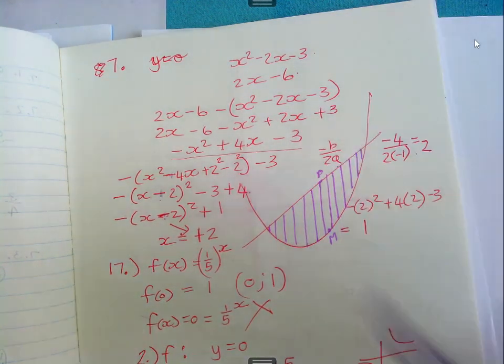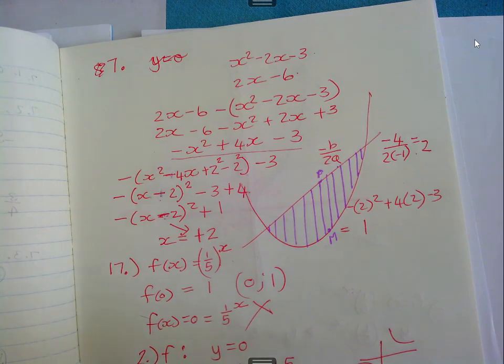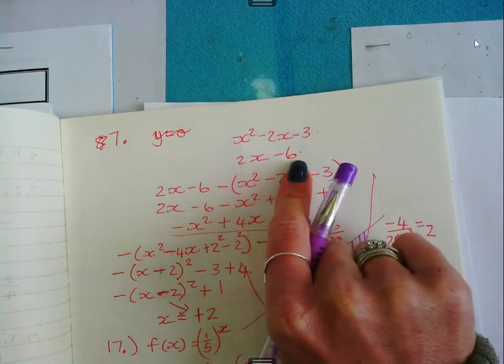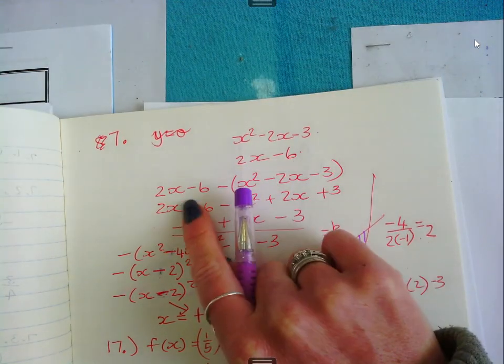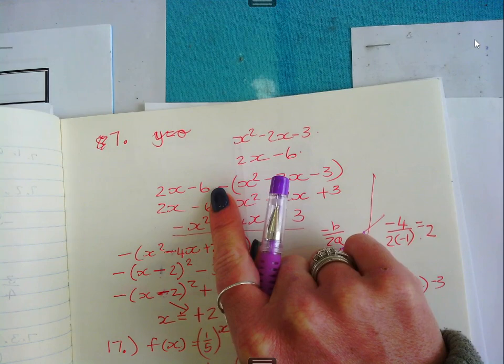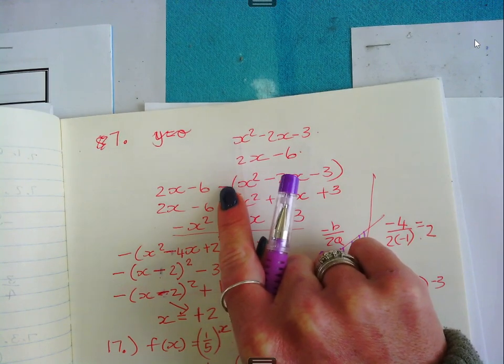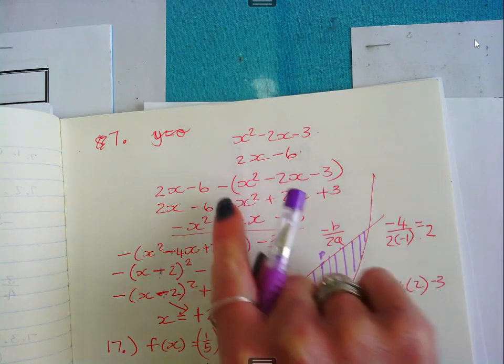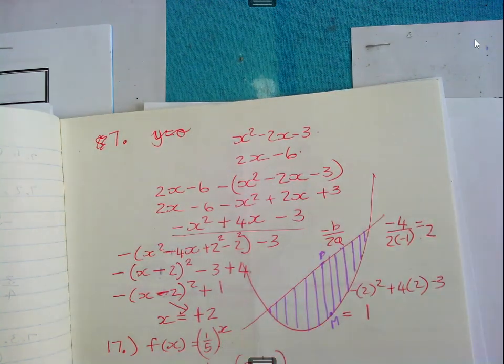Always. Sometimes the parabola will be at the top, sometimes the straight line will be at the top. In this case, the straight line is at the top. It's 2x minus 6. So I say 2x minus 6, that's the straight line, minus the parabola. That minus must be multiplied in.